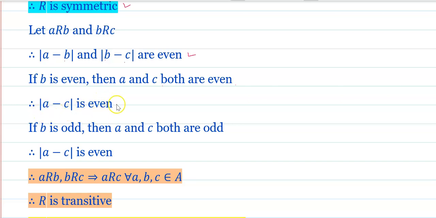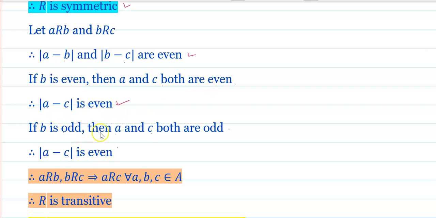Therefore, a minus c is even. If b is odd, then a and c both are odd. Therefore, a minus c is also even here. In both cases, if b is even, a and c are even, therefore a minus c is even.